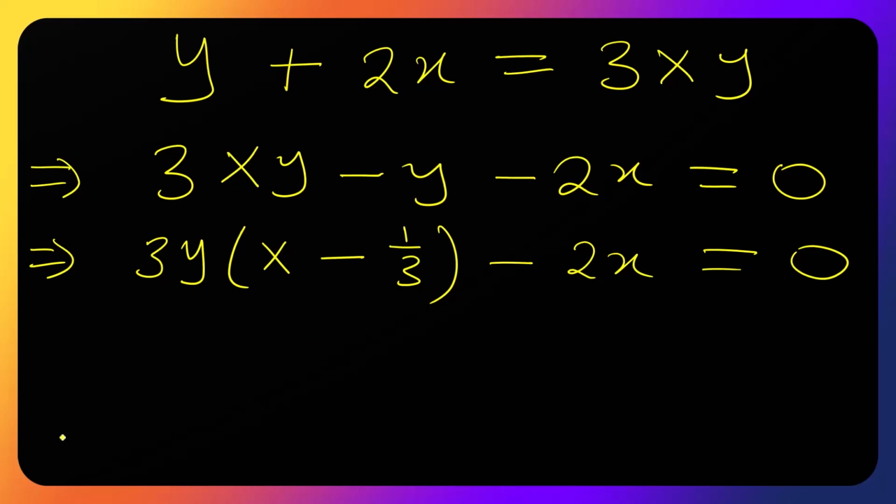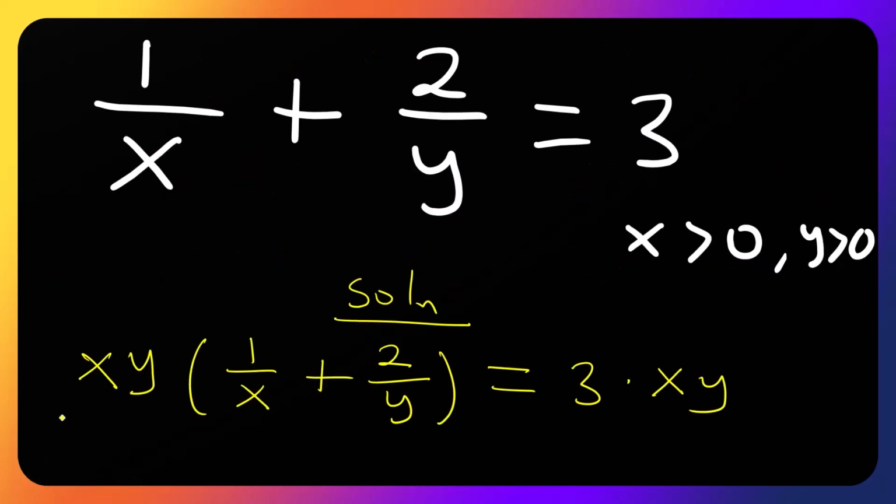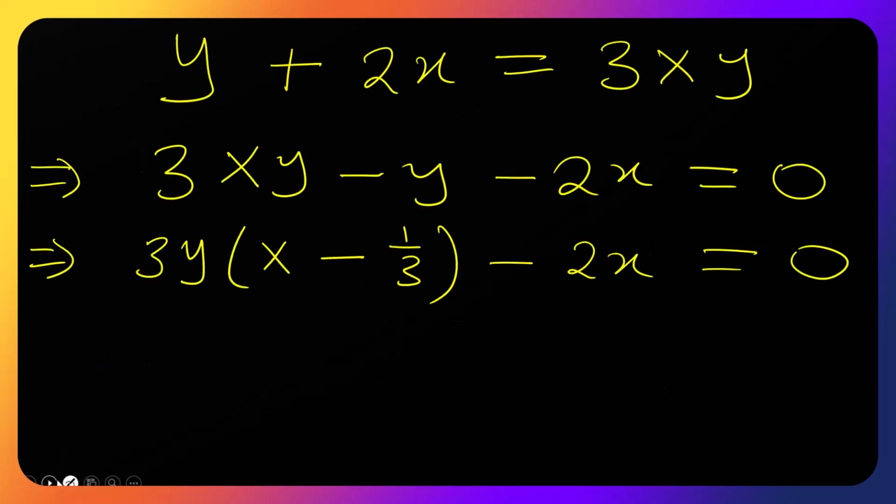Now I would like to complete this. So this is what we're going to do. I'll multiply this number by that and divide the result by what is here. So 1 times 2 is 2 over 3. So I'm going to add the result to both sides of the equation.